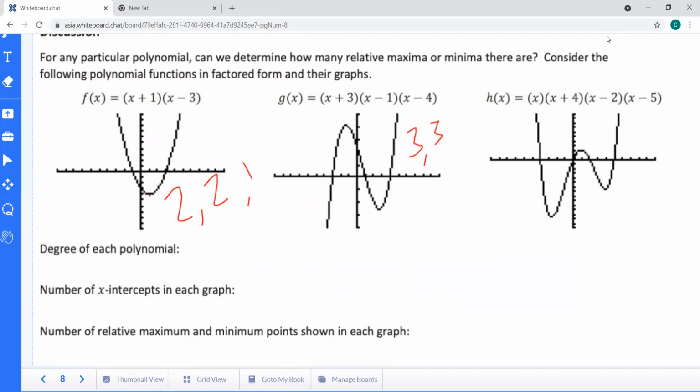We have 3 x-intercepts, and we have 2 relative maximums up here and a relative minimum down here. Here we have degree 4. We have 1, 2, 3, 4 x-intercepts, and we have 3 relative maximums and minimums.